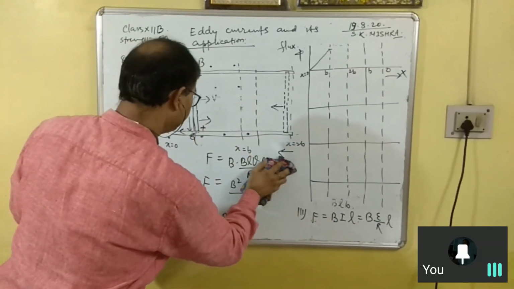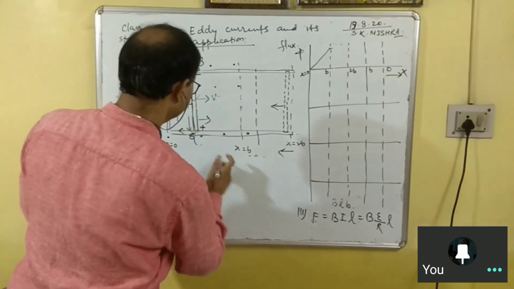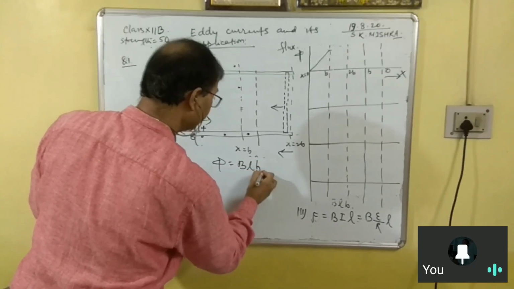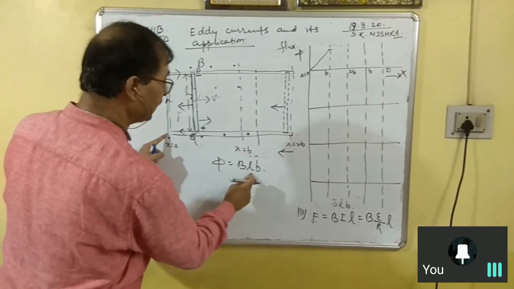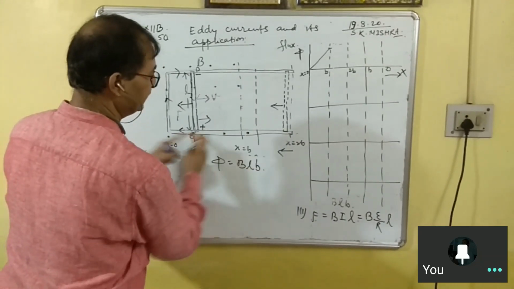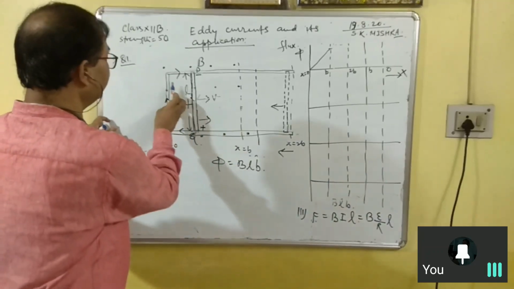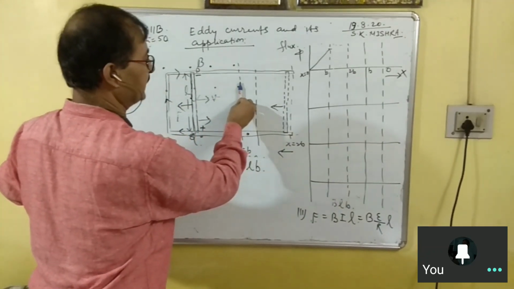Maximum flux is equal to B into A, so A maximum is L into B, B into L into B. This is B, this length is B. So flux increases linearly and then becomes maximum at this position.